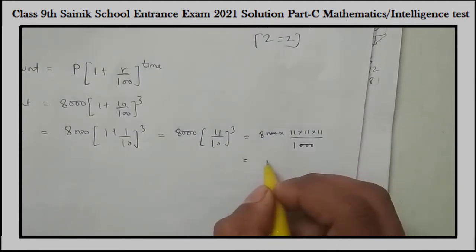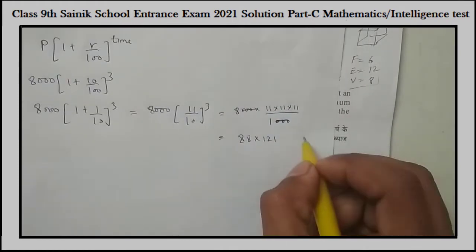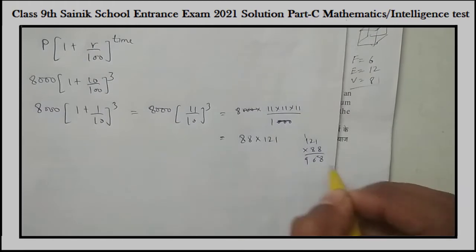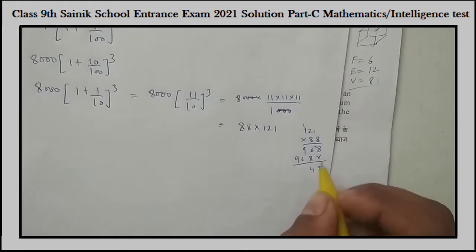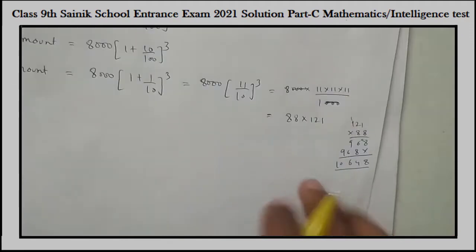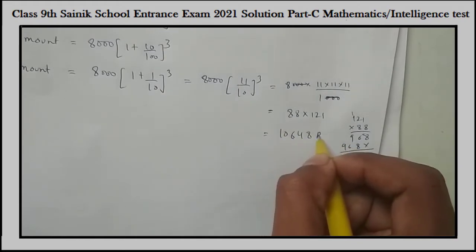This will equal 8 times 11 times 11 times 11. You can calculate. The amount will be 10648 rupees.